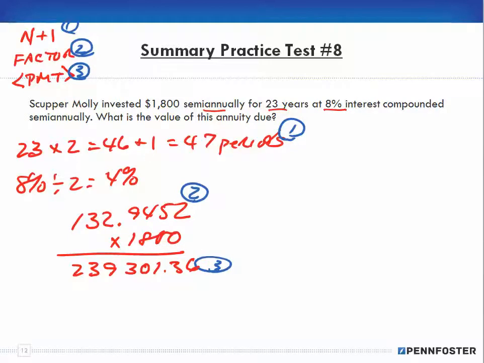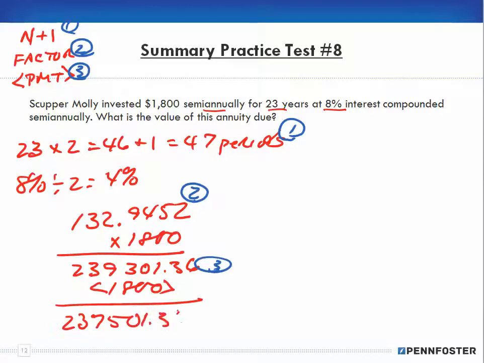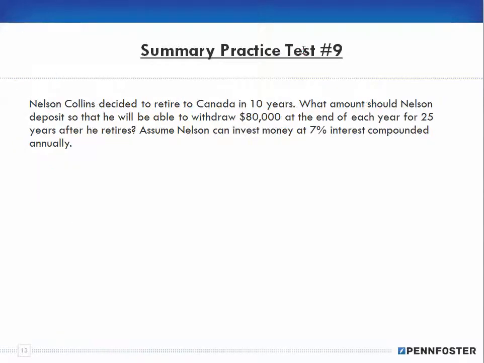We subtract out $1,800, and that gives us the value of the annuity due, which is $237,501.36. Again, problem number 7 is identical to this one, so go back to that video if you need to watch, or one of the other ones in the drill and word problems.